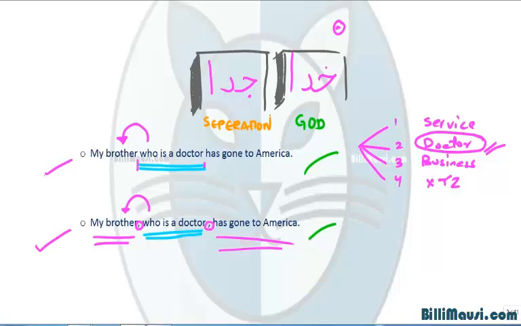The mere placement of this small dot from here to here changes the meaning of the entire sentence or the word. Khuda means God and juda means separation. So it's very well said. By displacing the dot, the meaning can change from God to separation.